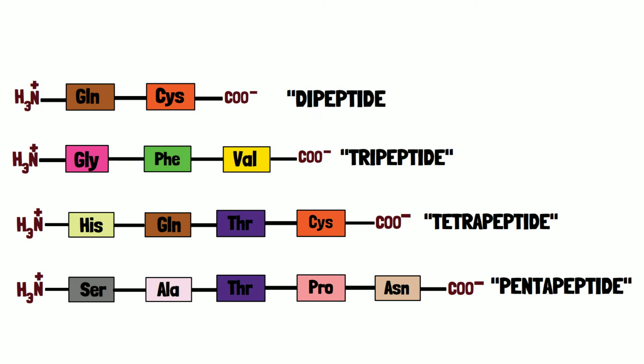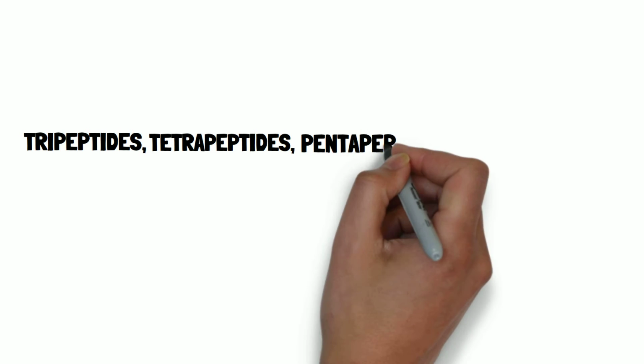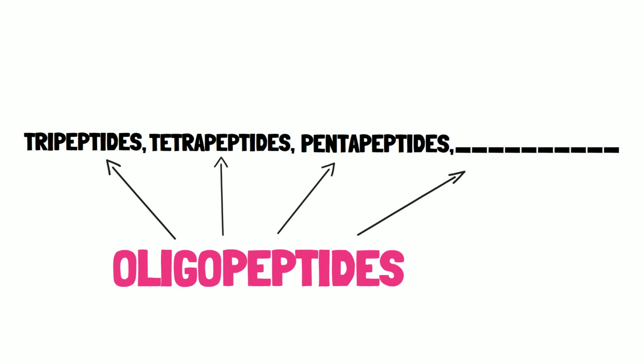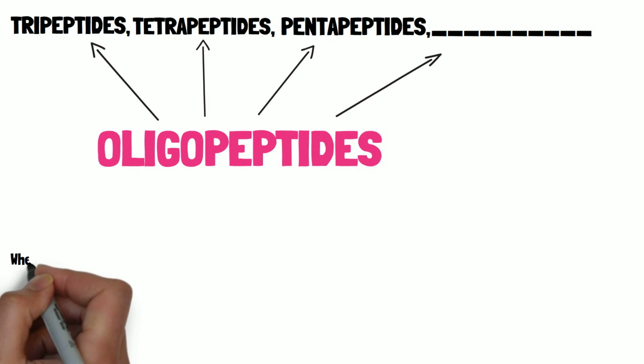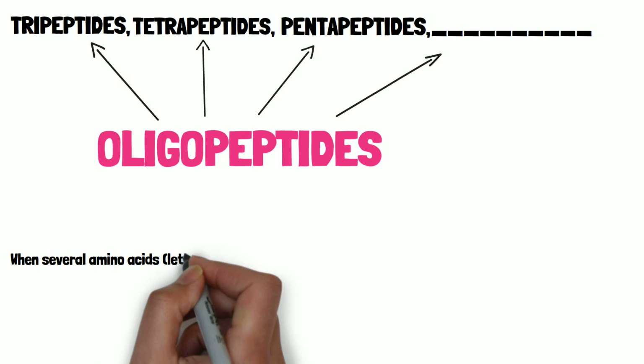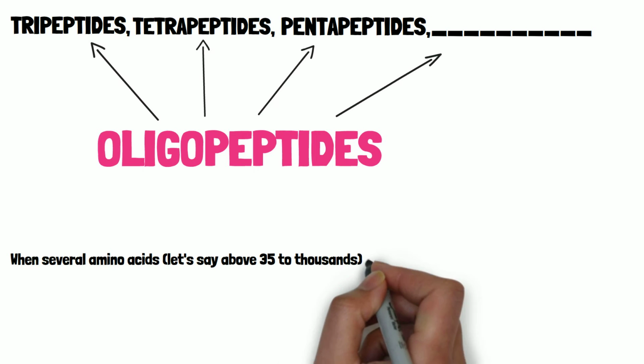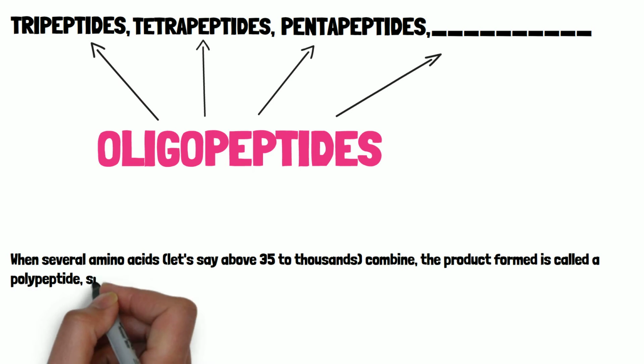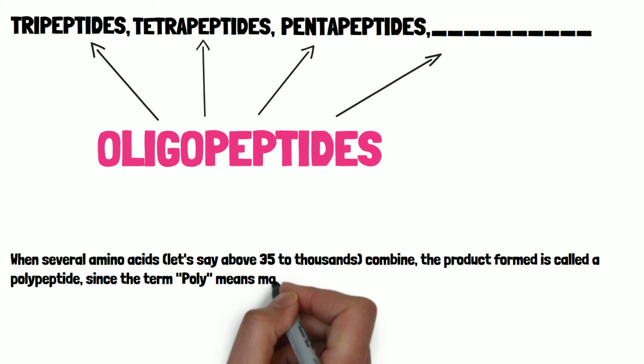However, note that tripeptides, tetrapeptides, pentapeptides, and all short chain peptides, let's say 3 to 35 amino acids long, are generally classified as oligopeptides, since the term oligo means few or small number. And when several amino acids, let's say above 35 to thousands, combine, the product formed is called a polypeptide, since the term poly means many.